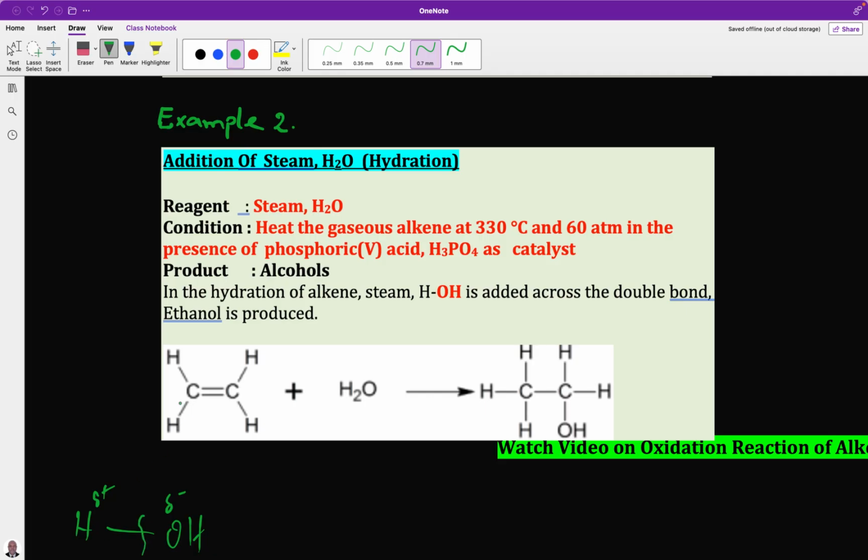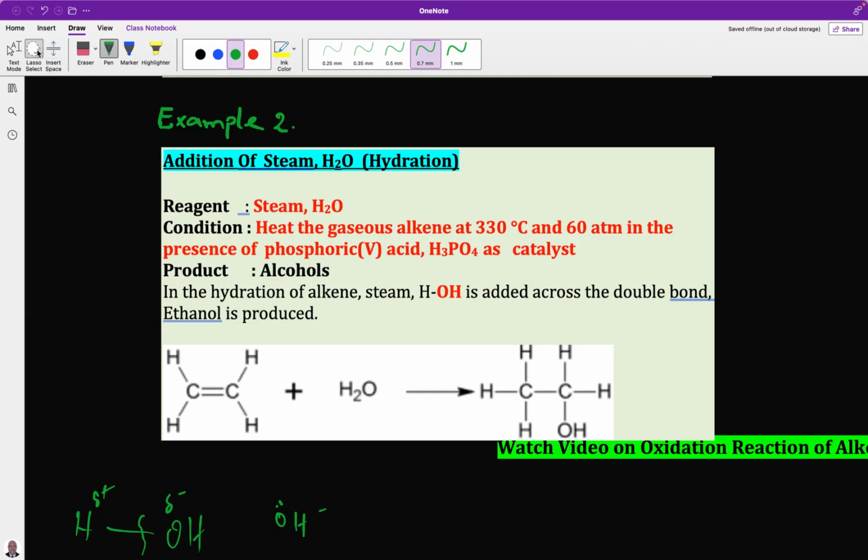Hydrogen attaches itself here to the two pi electrons. Then the lone pair of electrons in this OH will do what? It will be donated to the intermediate that will be formed here. If this bond is formed here, there will be a partial positive charge here.